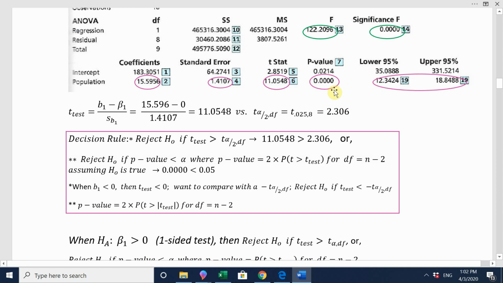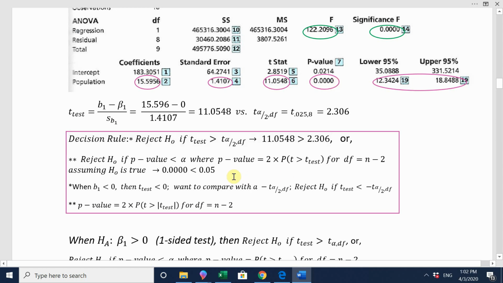When Excel does it for me, it tells me that the p-value is extremely small. The likelihood of finding a t value that is greater than 11.0548 for 8 degrees of freedom, when we assume that the null hypothesis is true, is very unlikely. That is what this p-value is telling me.